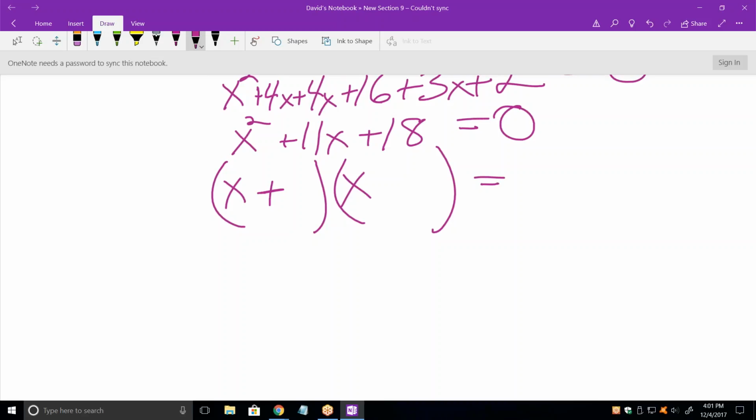I want you to really get this process ingrained in your head as to how to factor. The way you factor, you split up the x's, that's step 1. Second step, determine both signs. Now, third step is factors of 18 that add to the number 11.